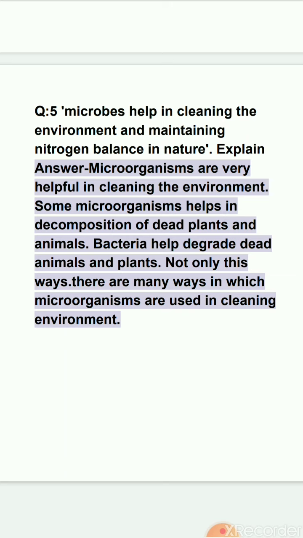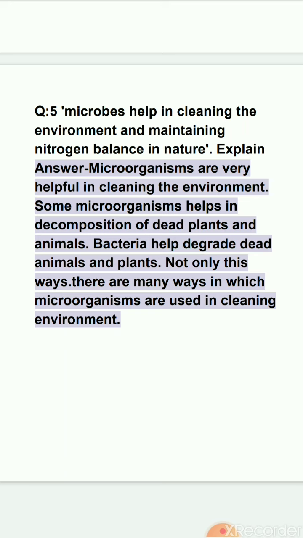But microorganisms like decomposer bacteria and some fungi break down the rotted or waste materials so that it helps to keep the environment clean.